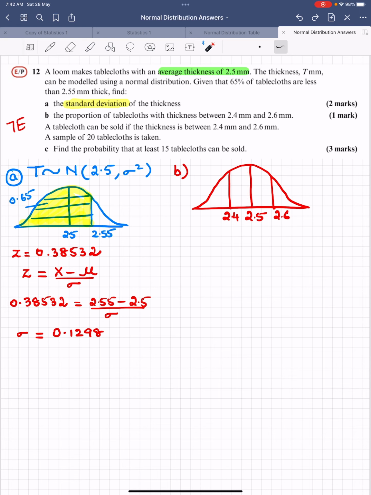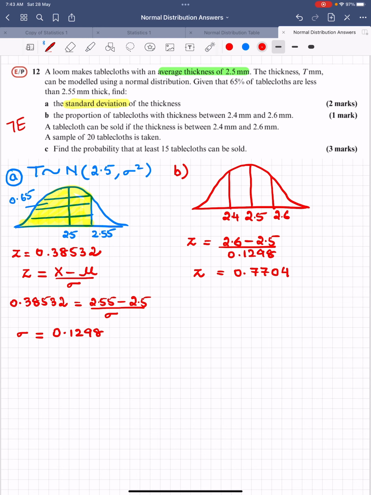So now we can find the corresponding z value against the reading 2.6. So we have the formula: z value is equal to observed value, which is 2.6, minus the mean divided by the standard deviation, which is 0.1298, and we get the z value as 0.7704.